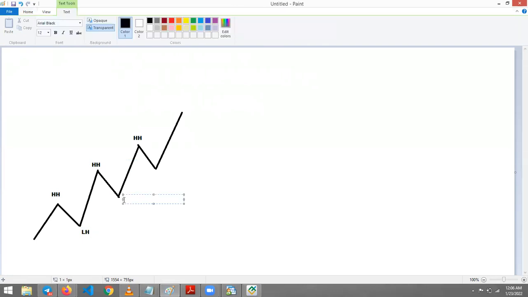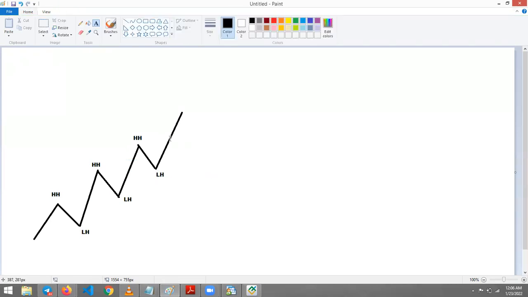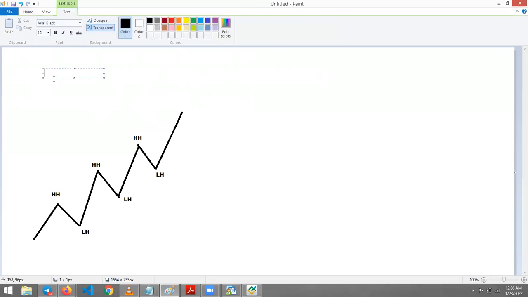That is for the uptrend. And as I said, for the uptrend, you look out for buy opportunities. So whenever you open the charts and you see this kind of structure, just look out for buy opportunities.